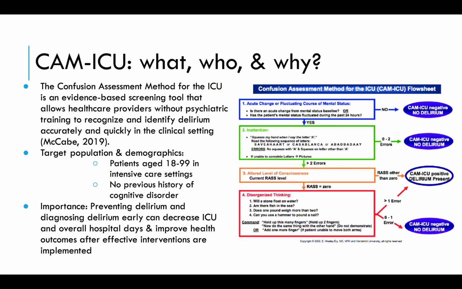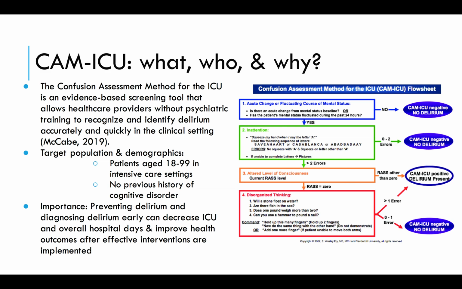Over here to the right is an example of a CAM-ICU flow sheet. It assesses different things, such as changes in mental status by having GCS changes, assessing inattention by using the word Savahar or Casablanca, assessing for any errors when you say the letter A. You're assessing altered level of consciousness by using the RASS, the Richmond Agitation Sedation Scale, anything other than 0, which is calm and cooperative.